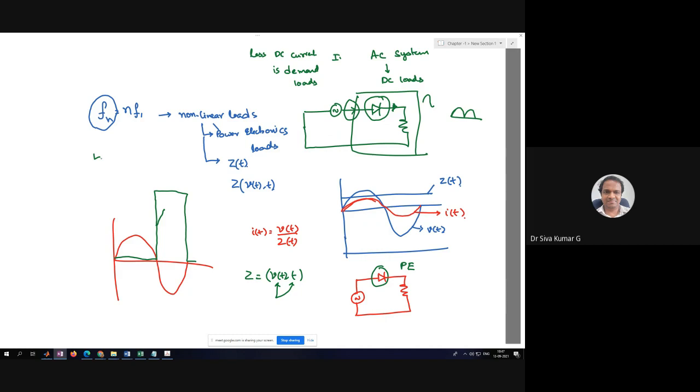This graph shows the impedance of a diode: in the positive cycle it offers very low impedance, and in the negative cycle high impedance. That is why they are categorized as nonlinear loads. It is not necessary to have power electronic loads; other loads where the impedance is changing will also produce harmonics.